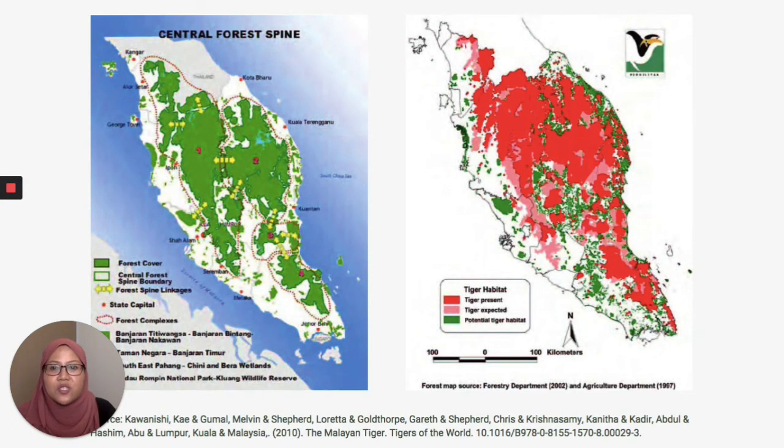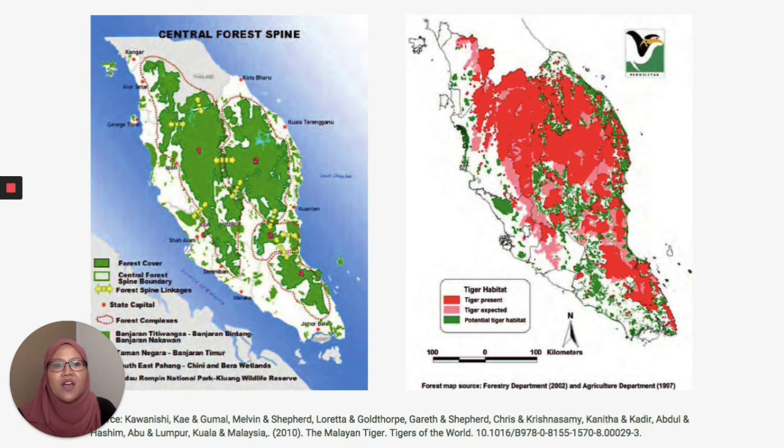It shows the various forest complexes. When they are connected, they form a spine, and this includes Banjaran Titiwangsa, Banjaran Bintang, Banjaran Nakawan, Taman Negara, Banjaran Timur, Southeast Pahang, Chini and Bera Wetlands, Endau Rompin National Parks, and Kluang Wildlife Reserve.